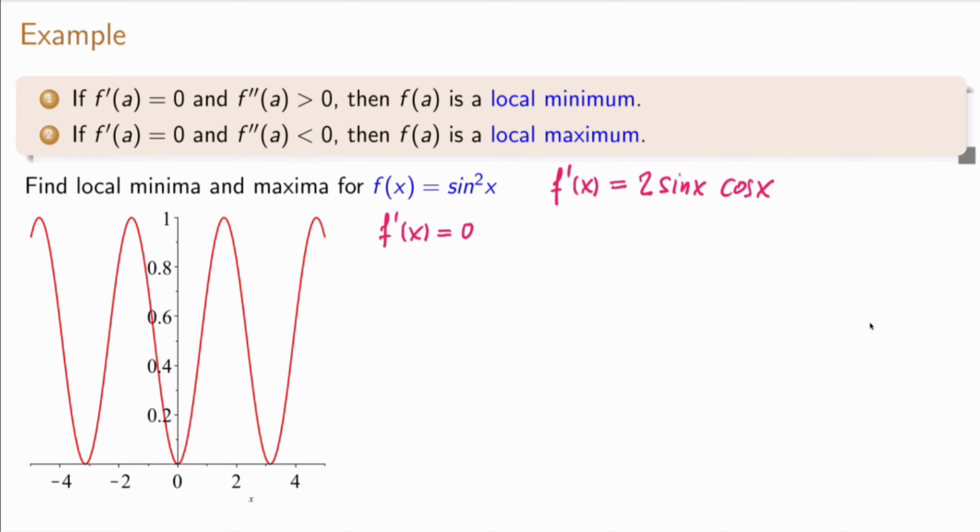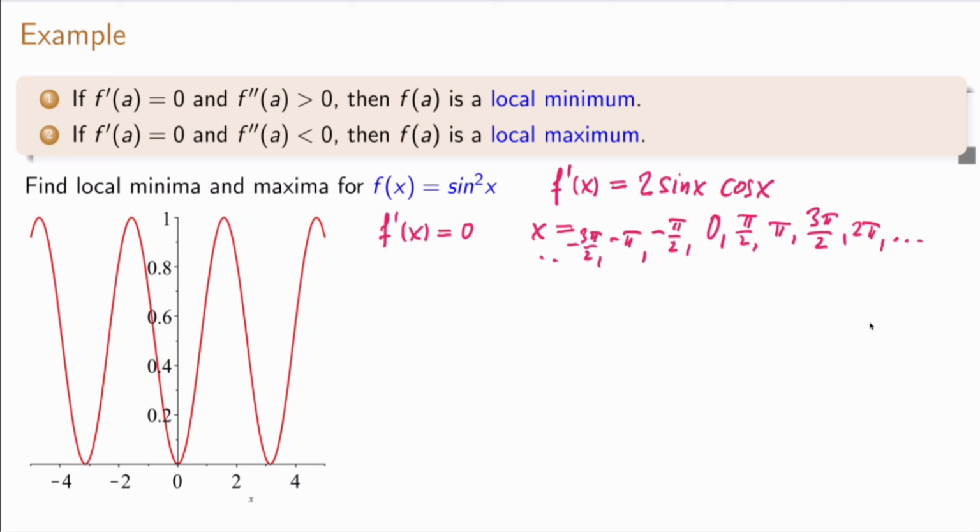Cosine is 0 at pi half, 3 pi over 2, 5 pi over 2, etc. So together at all half values of pi, we get a 0. Maybe I write it like this. So 0, pi over 2, pi, 3 pi over 2, 2 pi, etc. But then also we can have negative values, minus pi over 2, minus pi, minus 3 pi over 2, etc. also in the other direction. So there's an infinite number of zeros for f prime.